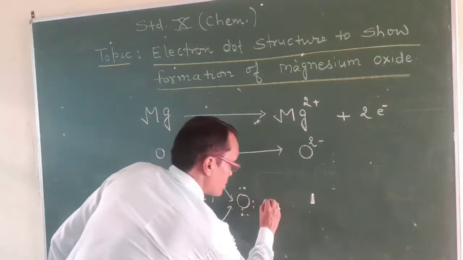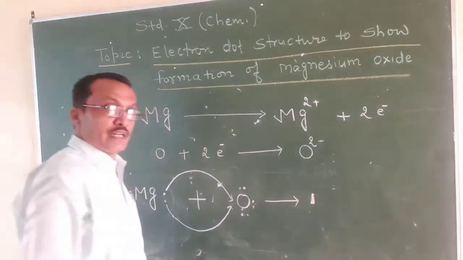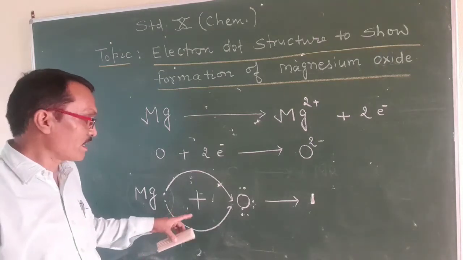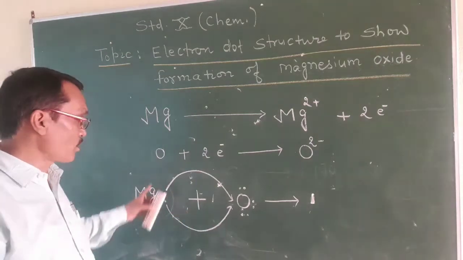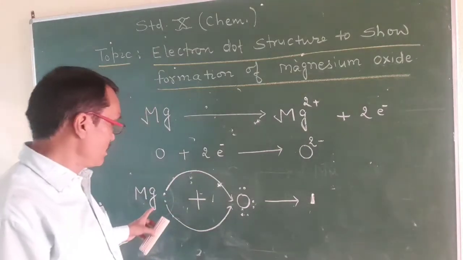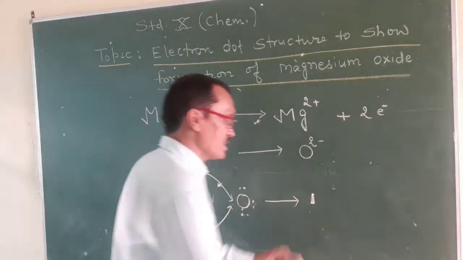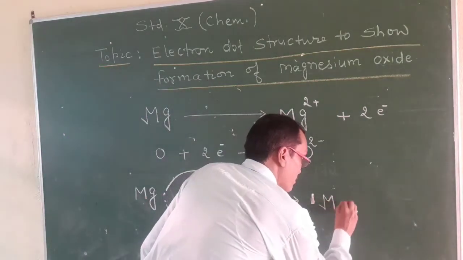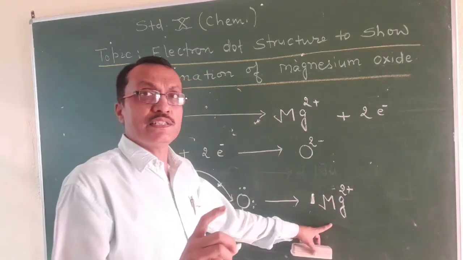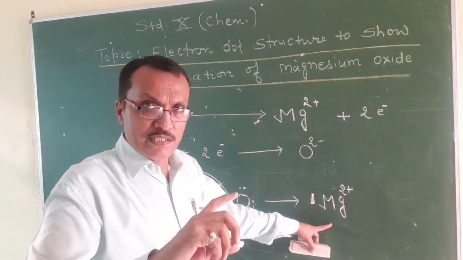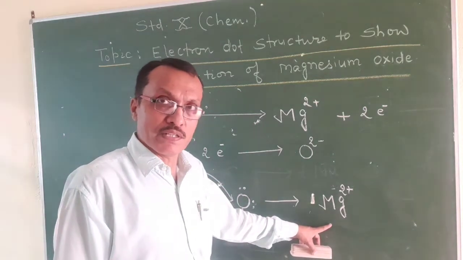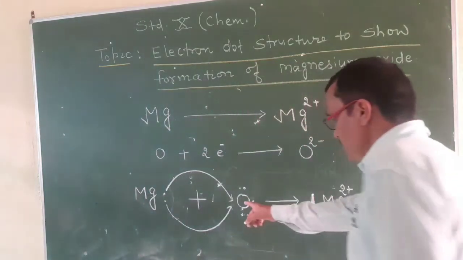Now you have to give the arrow sign, Mg plus O. They are combining together, means electron transfer is taking place here. Now what will happen? If magnesium transfers its electrons, it will form Mg2+, as it is transferring 2 electrons, so it will form a 2 plus ion. So the magnesium ion.